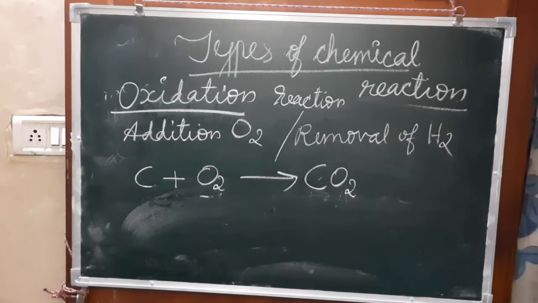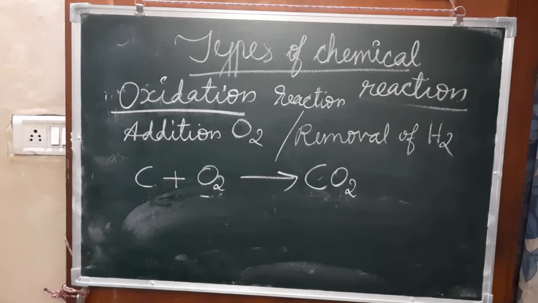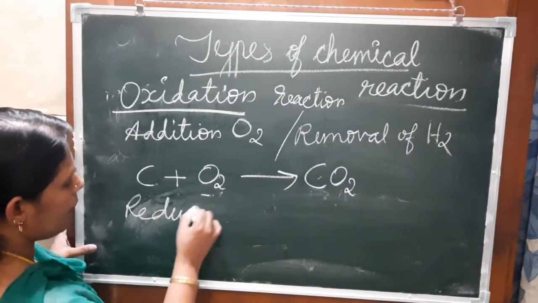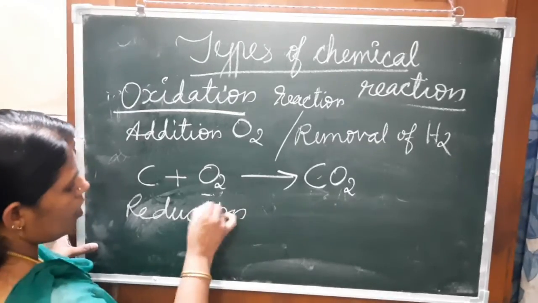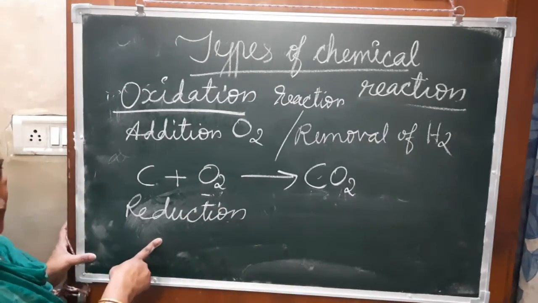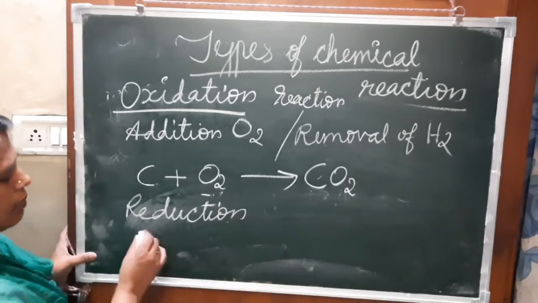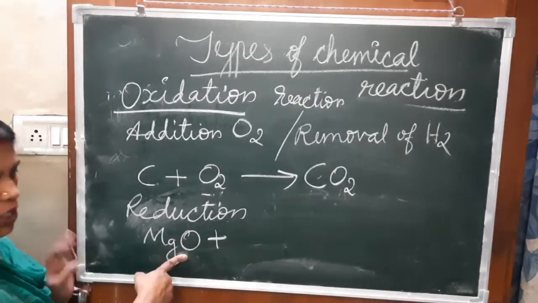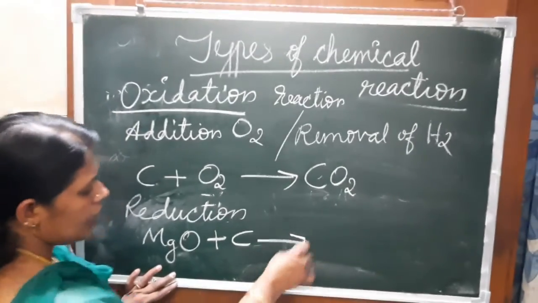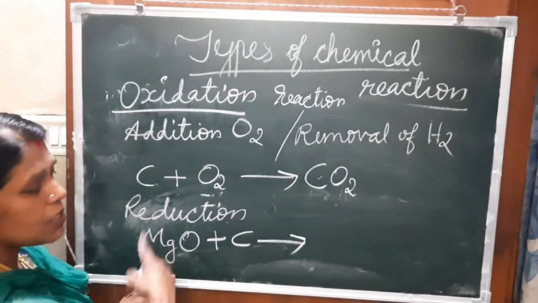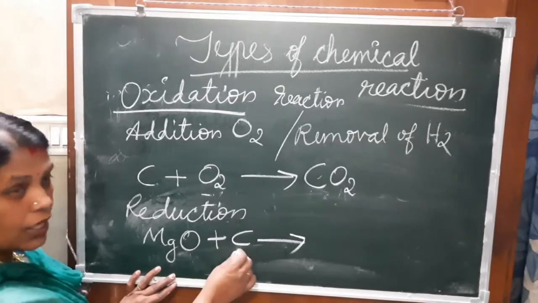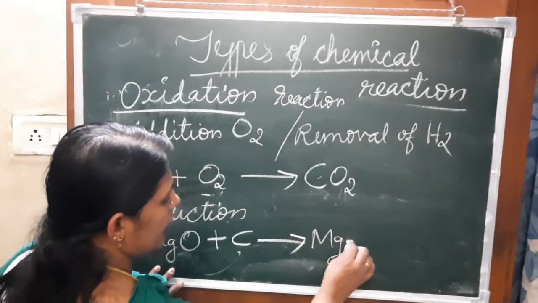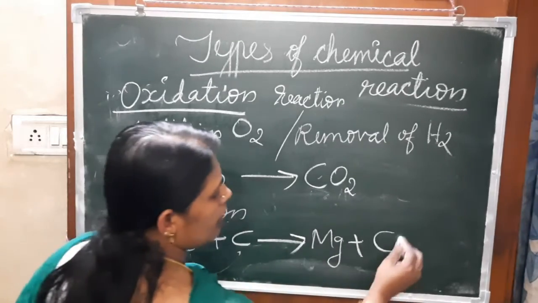Now the reduction reaction. In reduction, hydrogen is added and oxygen is removed. Here, MgO, magnesium oxide, plus carbon: the Mg is separated, the oxygen goes to the carbon, and it forms carbon monoxide.